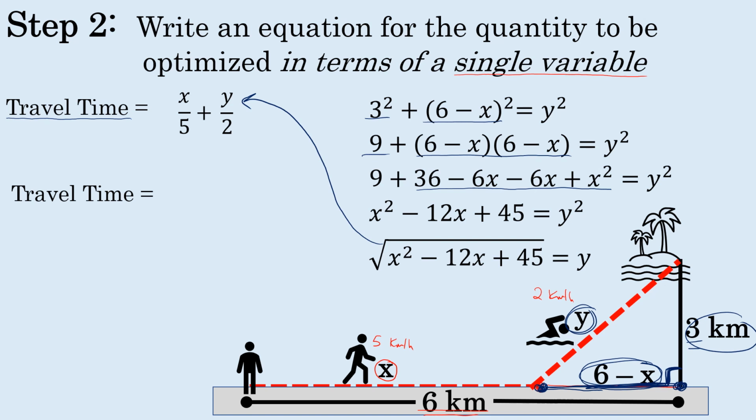Travel time is equal to x over 5, we already had that, plus not y over 2, but instead the square root of x squared minus 12x plus 45 over 2. Now we have an equation for total travel time expressed in terms of a single variable. Because we have accomplished this, we can now move to step 3.